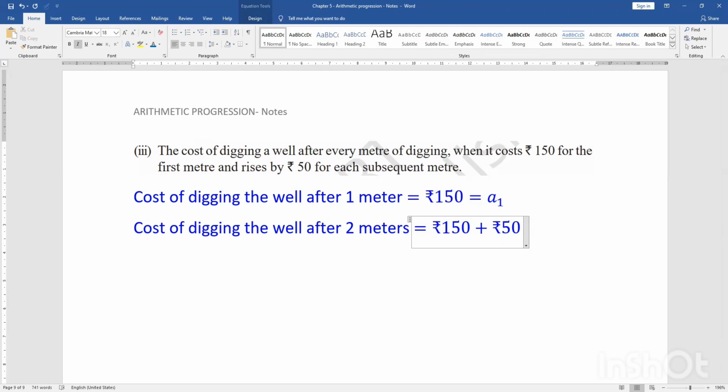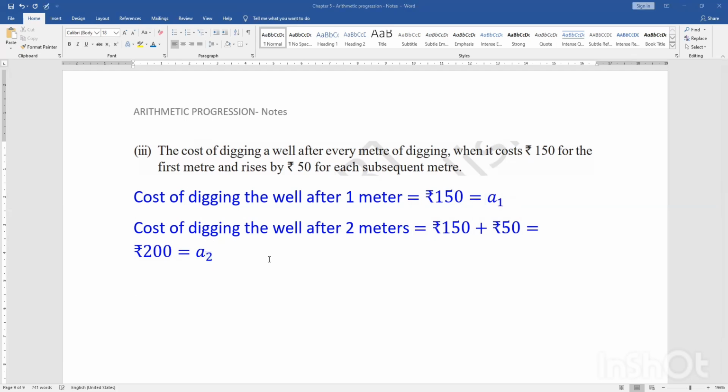So 150 plus 50 will give you 200. So we write it as rupees 200, which is equal to A2.